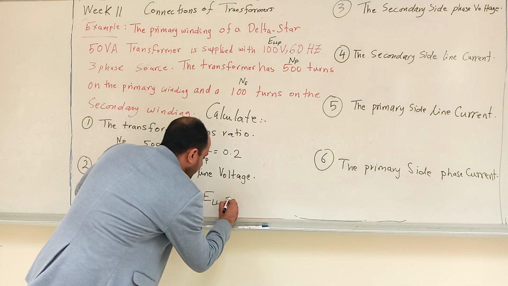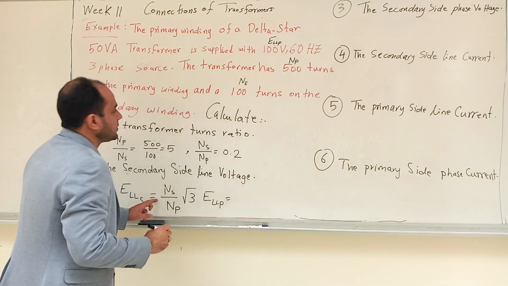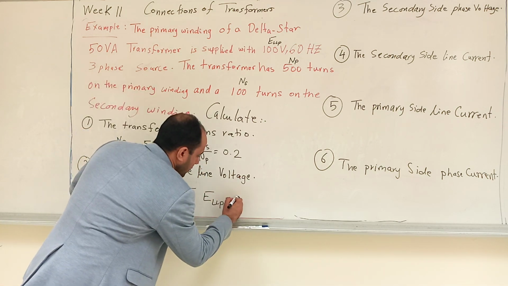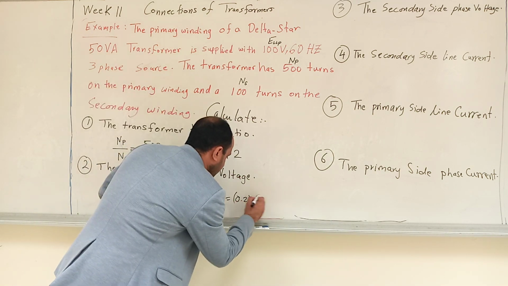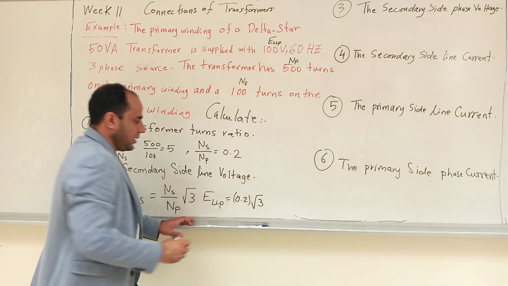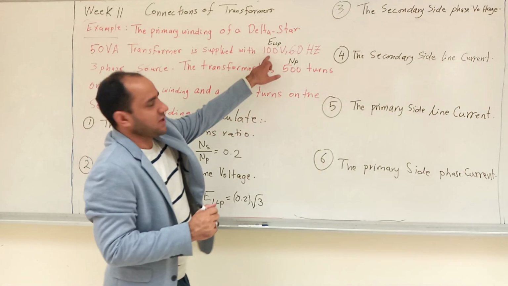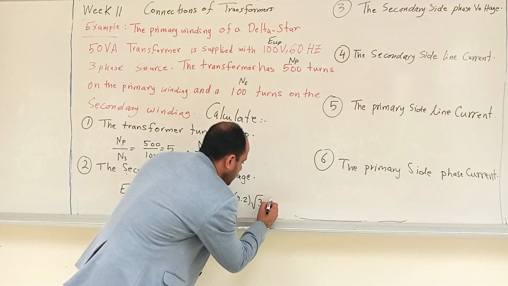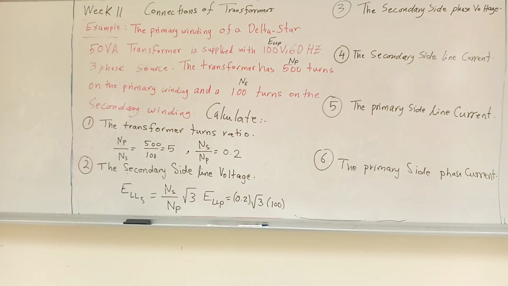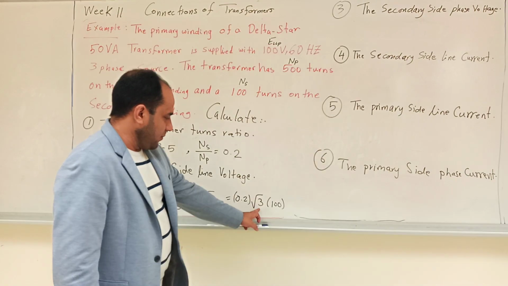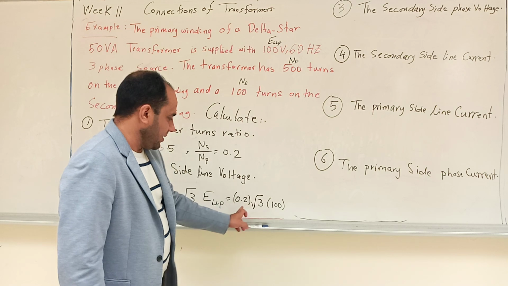If we put in the numbers, N_S over N_P is 0.2, and root of 3 is there. Line to line primary is given in the question: 100 volt. If we multiply, root of 3 is almost 1.73, so this is 173.2.